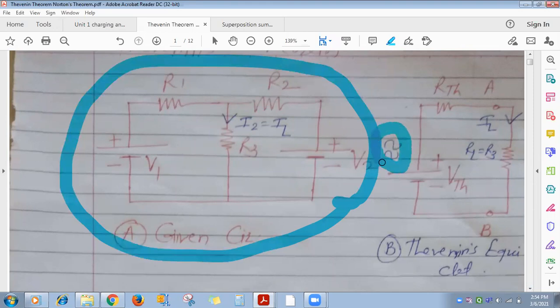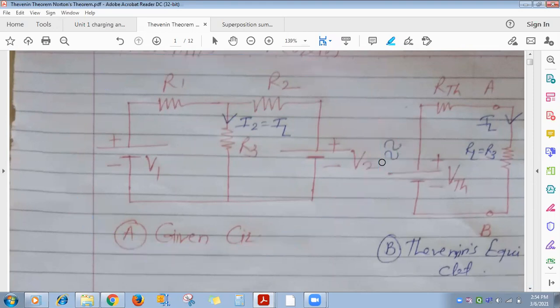Its format is VTH, Thevenin's equivalent voltage, in series with Thevenin's equivalent resistance, and across these two terminals A and B, load resistance is connected.